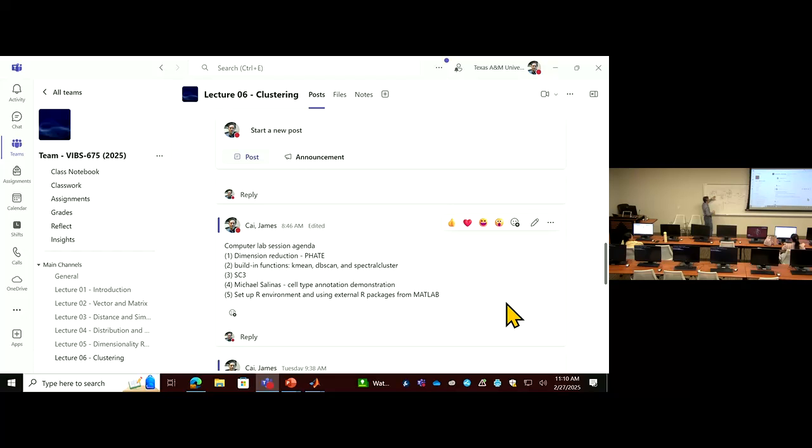But before we do that, I will play Michael's video to let you have an idea. Once we finish this embedding and the clustering, for example, you use the K-means, it gives you the results, and what you can do in the real application.